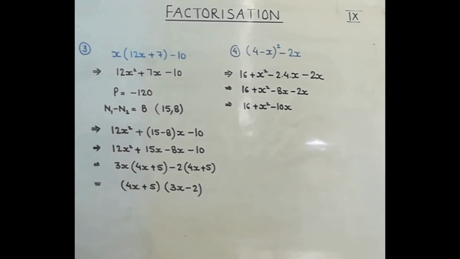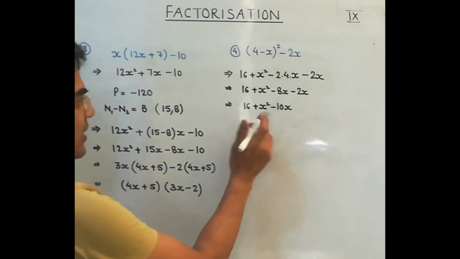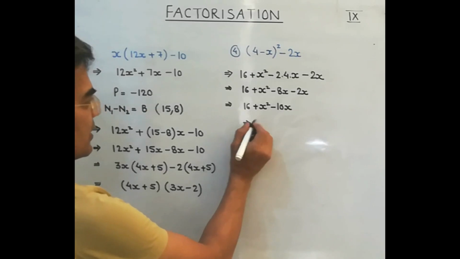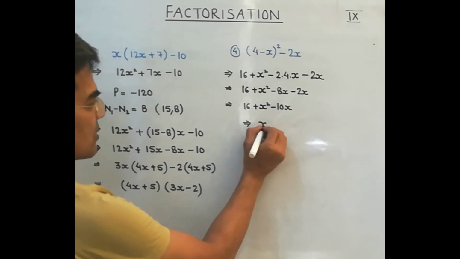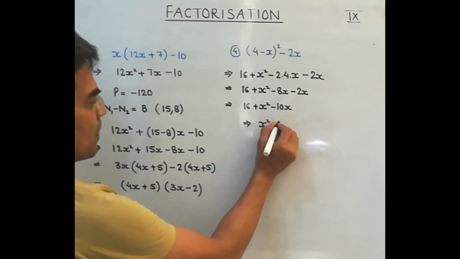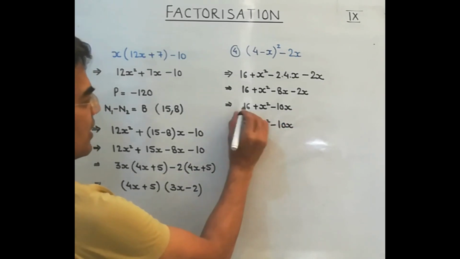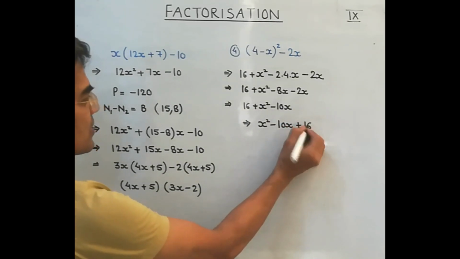Now it's a trinomial, but it is not arranged. Remember, the trinomial that we get should be arranged either in the increasing order of power or decreasing order of power. So let's arrange it. When we arrange it, first of all x square, then minus 10x, and then plus 16.